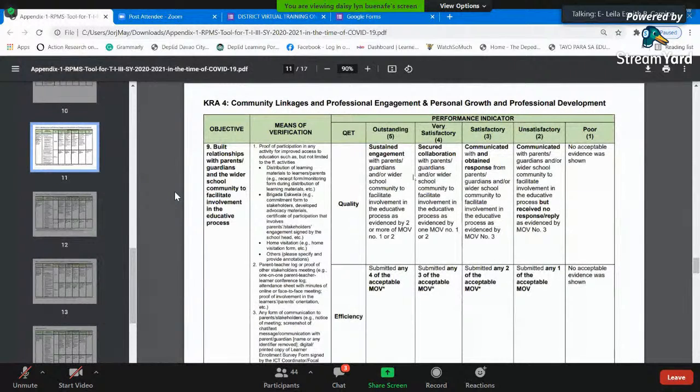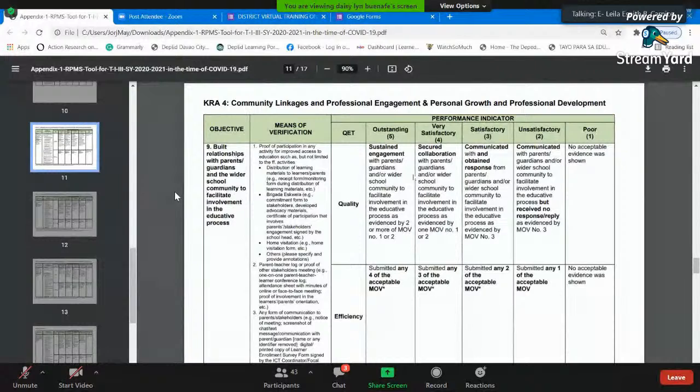Digital or printed copy of learner enrollment survey form signed by the ICT coordinator, focal person, and school head. Katong enrollment, online enrollment, naa na di daghang MOVs. So kani pud, quality ug efficiency pud ang i-rate.